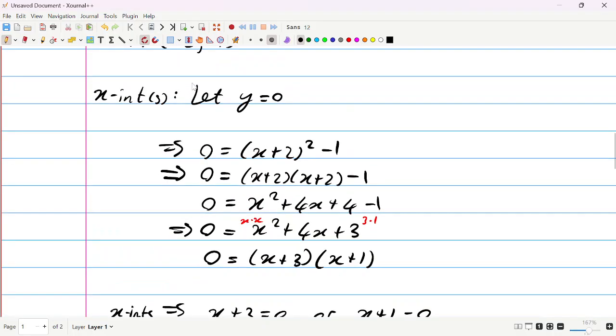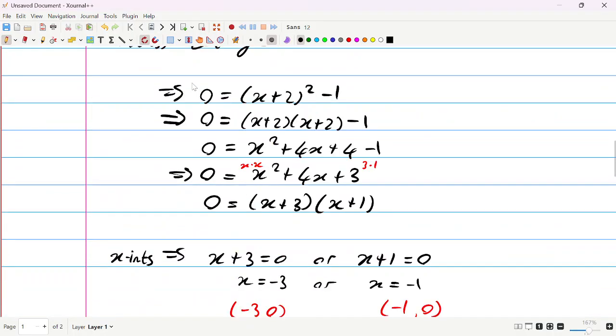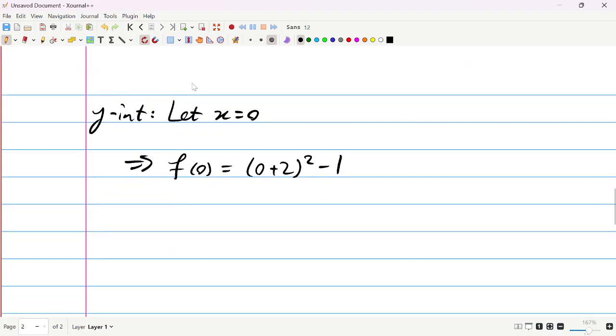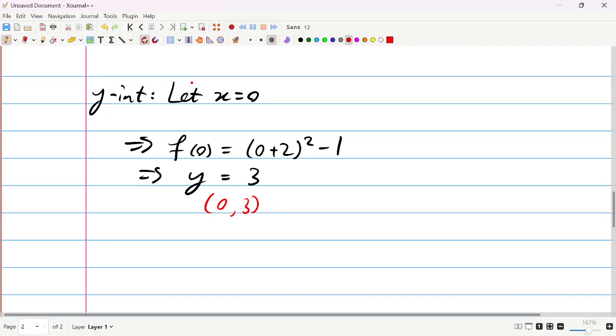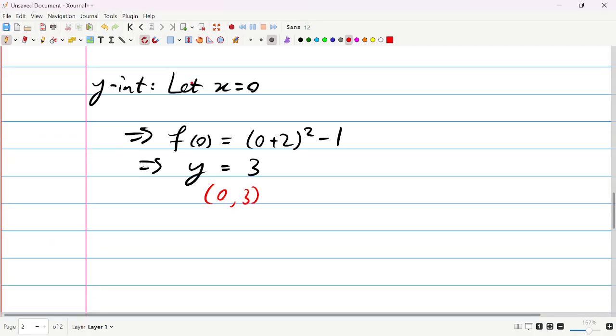Because remember, the actual function was x plus 2 squared minus 1. So we replace x with 0, and then from there, we know this is just our y value at x equals 0. And then we just simplify. 0 plus 2 is 2, 2 squared is 4, 4 minus 1 is 3. So this indicates to us that our y-intercept is just going to be 0 and 3. And then we just do the actual function.